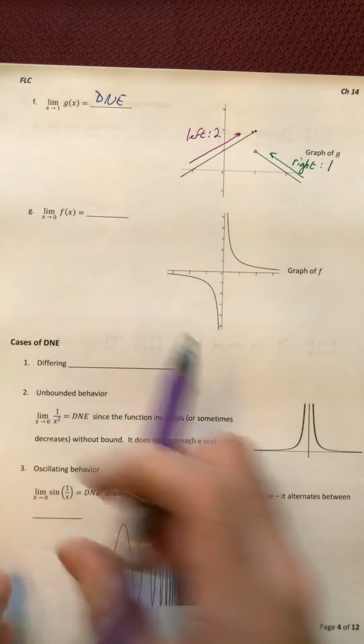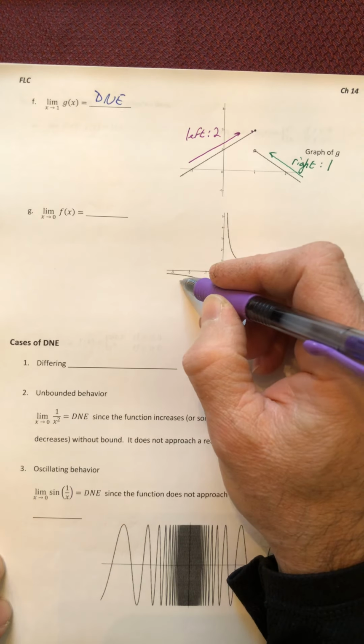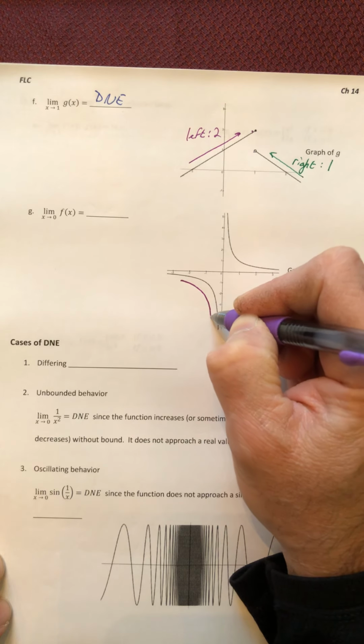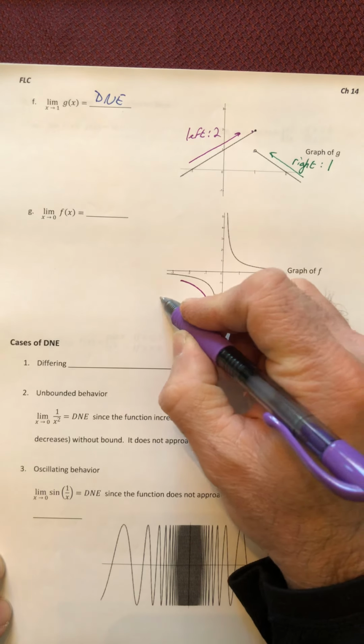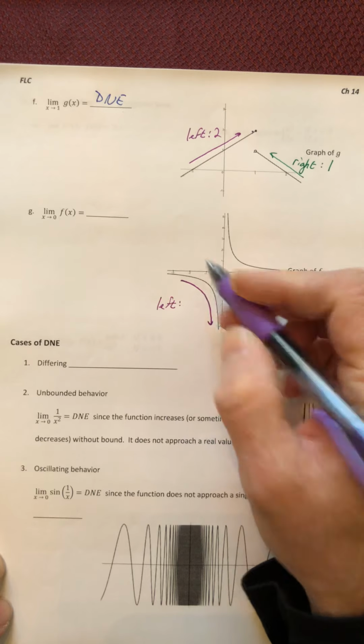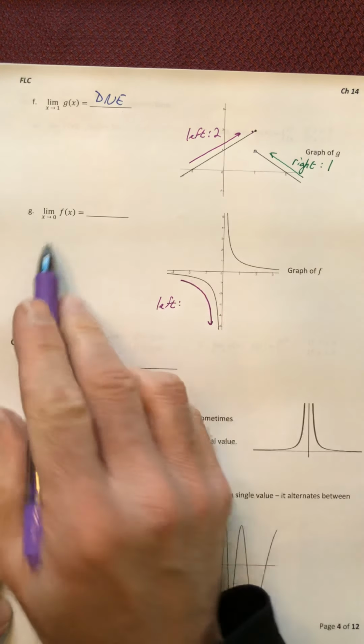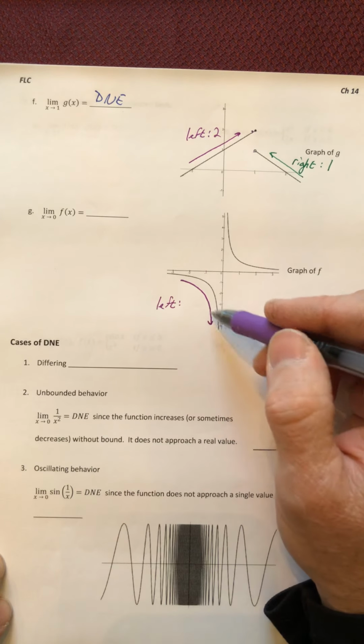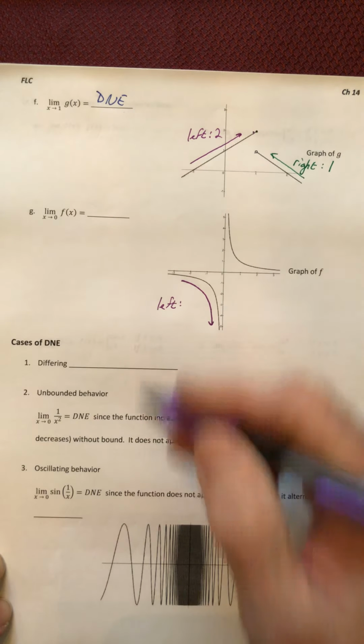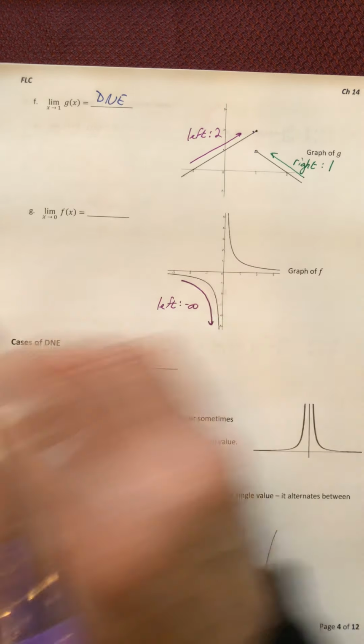So for part G, if you traced in on the left side, what does it look like it's doing as it gets closer to x equals 0? Well, it's just shooting down and down and down. So it's shooting down to negative infinity.